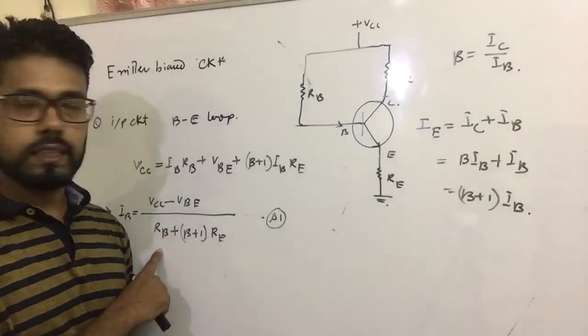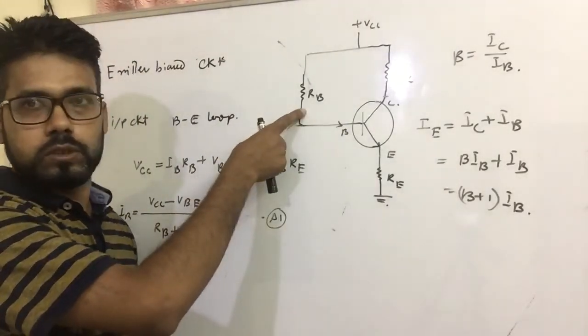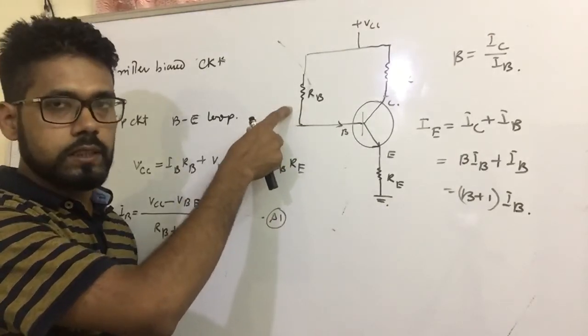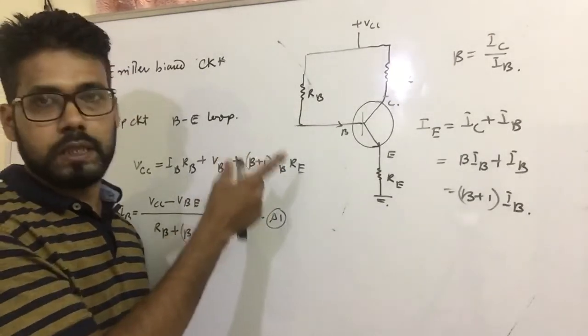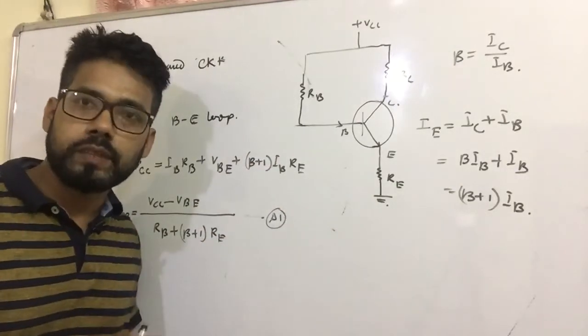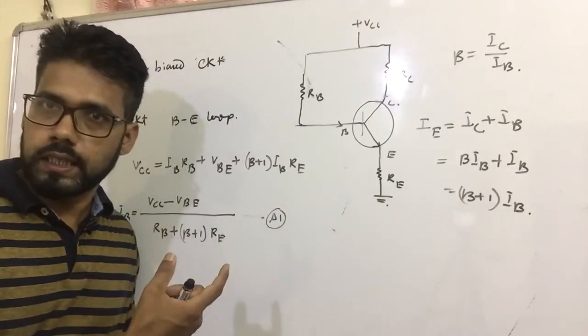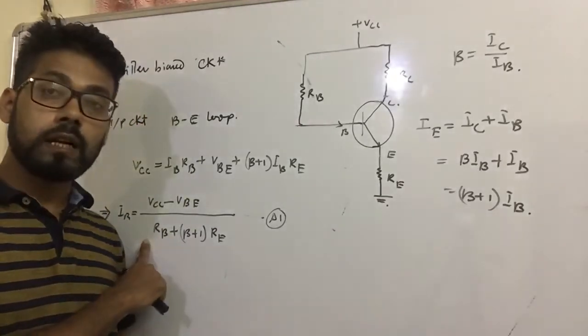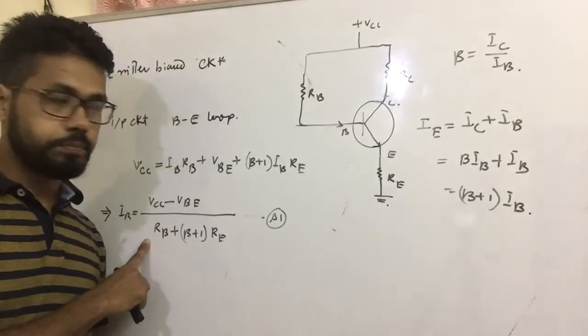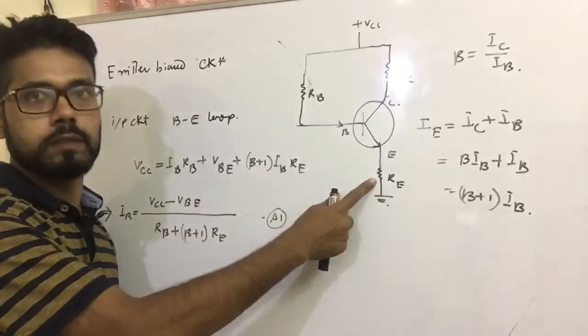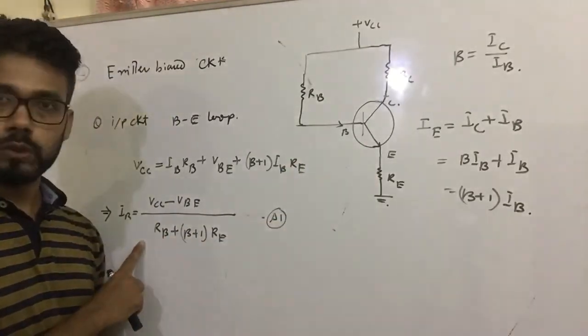The input circuit resistance is RB. Why is it reflected to the input circuit? Because IB is the input current. So in calculating the base current IB, this RE resistance plays an important role in the input circuit.